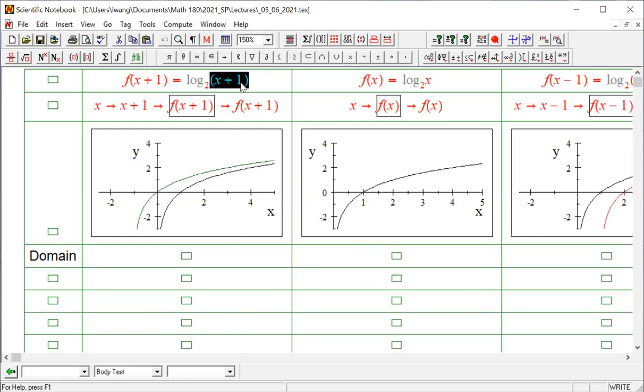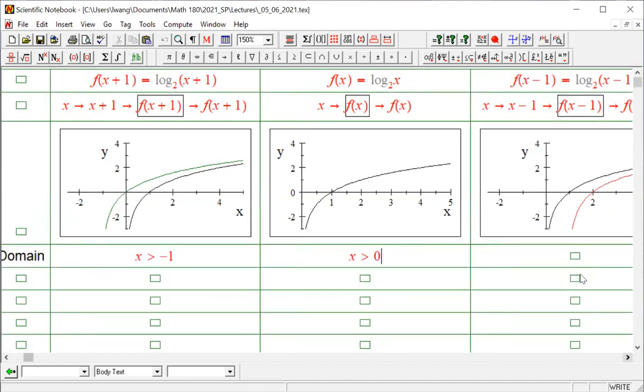What is the domain for log base 2 of x plus 1, which is the green? X is greater than -1. That's right. And this one is x greater than 0. How about the last one? X is greater than 1. Any questions from anybody?